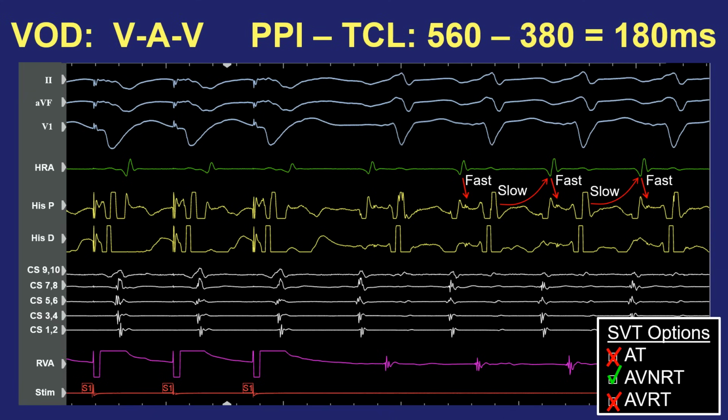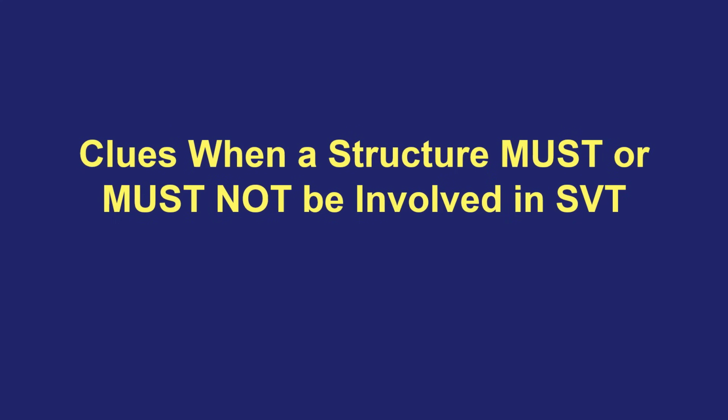And the terminology that people will refer to this include atypical AVNRT, or the uncommon form of AVNRT, but people will also call this fast-slow AVNRT, referring to the sequence of going forward down the fast and up the slow, as opposed to the more common form of AVNRT, the slow-fast form of AVNRT, where you normally go down the slow in the forward direction, just to clarify that terminology in case you hear it.